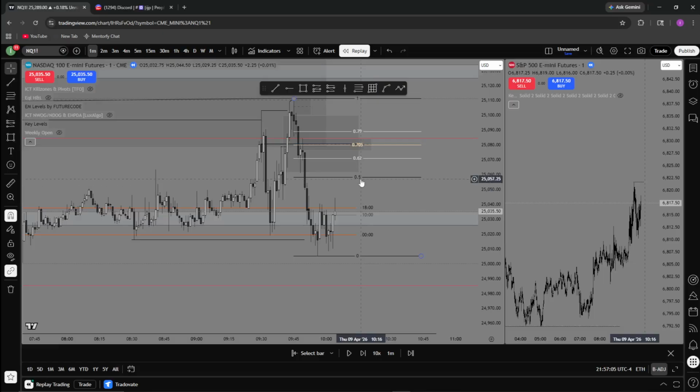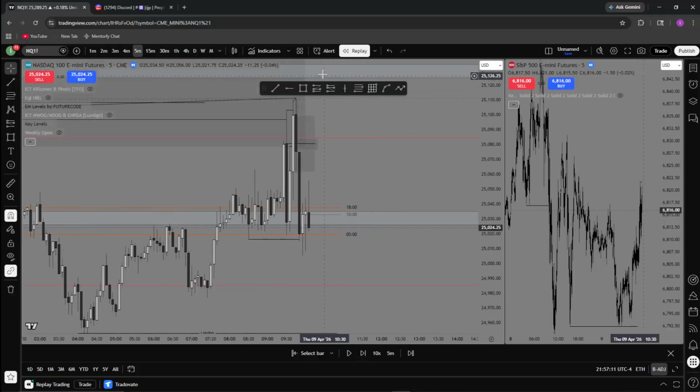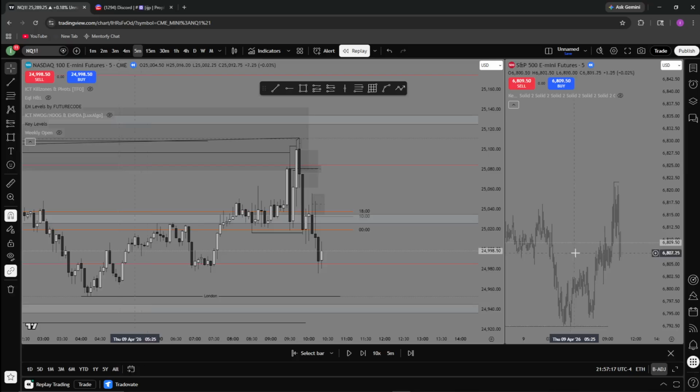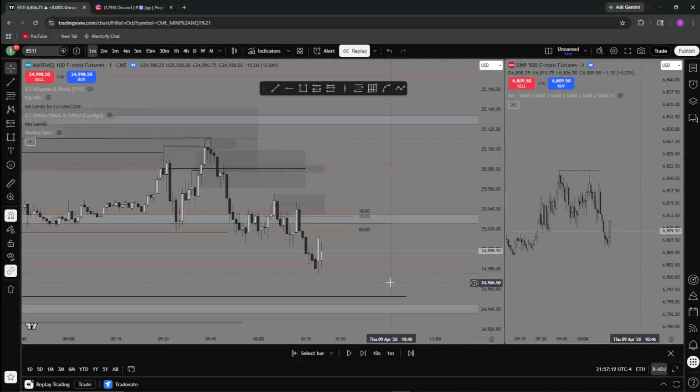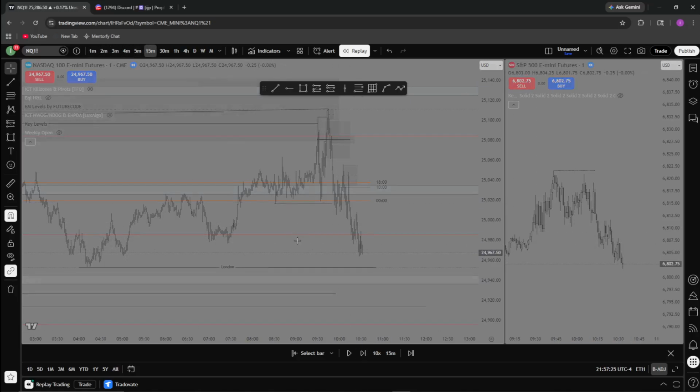We ended up mitigating this 5 minute revalue up, and we got this 5 minute RP, and boom, this sent us lower. And then from here, I was really confident that we would go to London lows, and as you can see, we came super close to it.